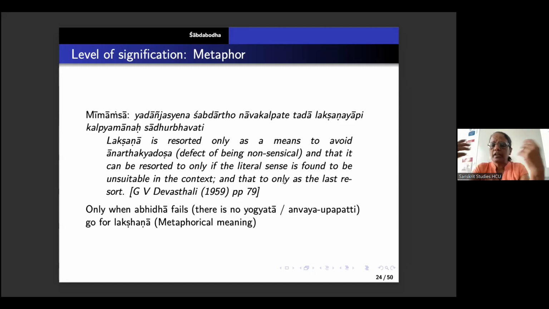But if the literal sense is not found to be suitable in the given context, then you have to search for some metaphoric usage, because after all, somebody has uttered that sentence and wants to convey some message to you. In order to decipher it, if the normal literal sense is not possible, you go for this extended meaning or the metaphoric usage.